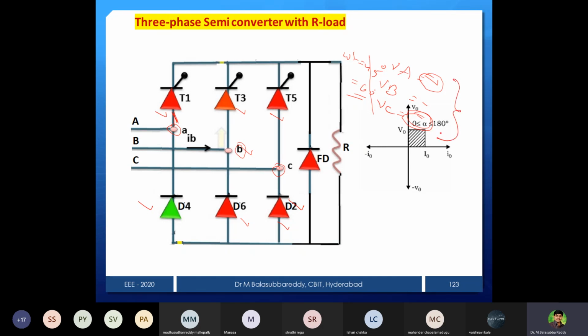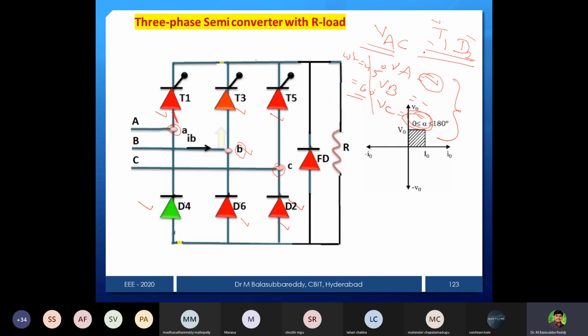So at that particular instant, we can easily identify which devices are going to be forward biased. If the A phase is more positive and the C phase is more negative, then T1 and D2 are going to be forward biased. Let us assume firing pulses are also available for T1. For D2 it is not required; being forward biased, it will automatically start conducting. Now T1 is positive and D2 is negative, both conducting, so your output is VAC.